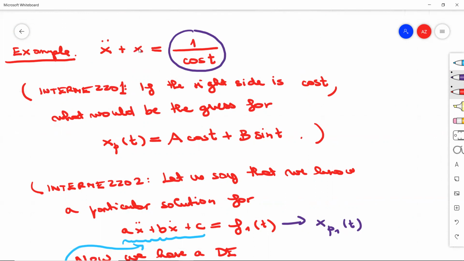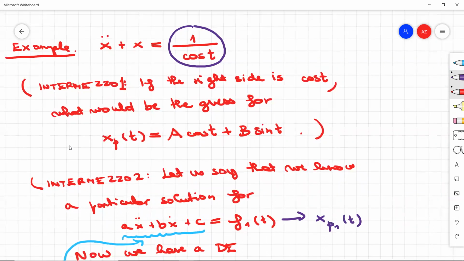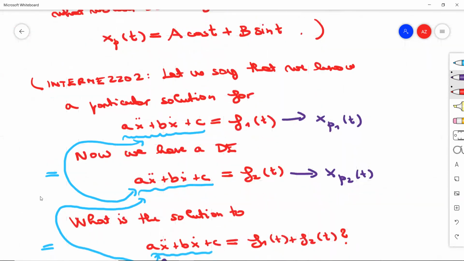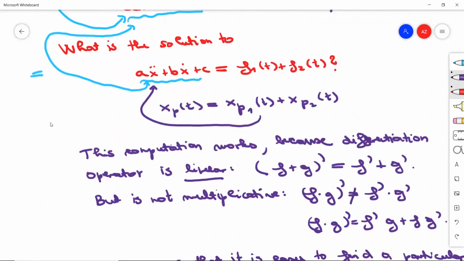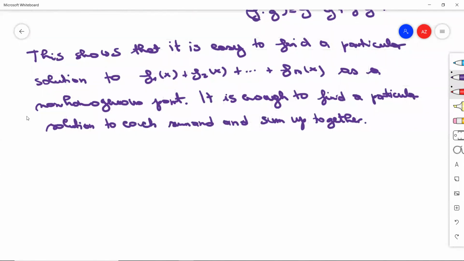On the left-hand side, we need something which will still remain 1 over cosine of t or something similar when we take the second derivative. And it's not clear what that would be. Maybe you can try guessing and have luck, or do some intelligent guessing, but here is a better way to tackle such a problem without guessing, and it's called variation of constants.